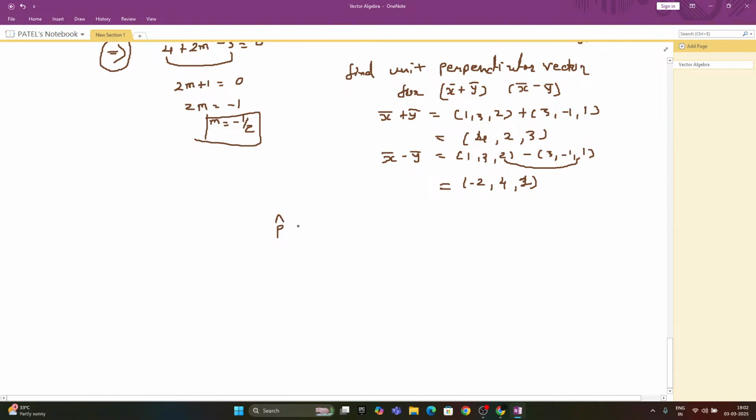Then p hat, we have the formula: plus or minus x bar plus y bar cross x bar minus y bar, divided by mod of x bar plus y bar cross x bar minus y bar.